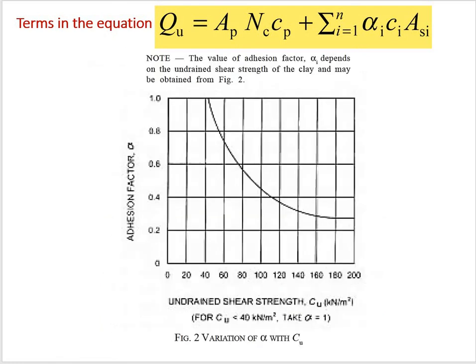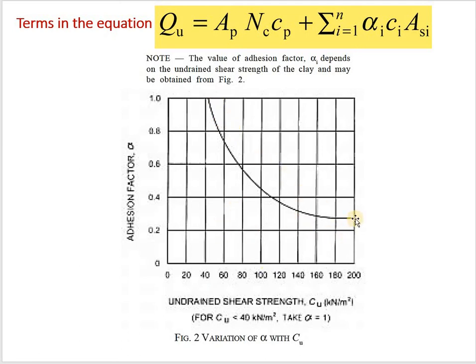So this adhesion factor actually depends on the undrained shear strength of the clay, and you can see here, if the undrained shear strength keeps on increasing, in this graph given in code IS 2911, if this undrained cohesion keeps on increasing, then this adhesion factor is decreasing.